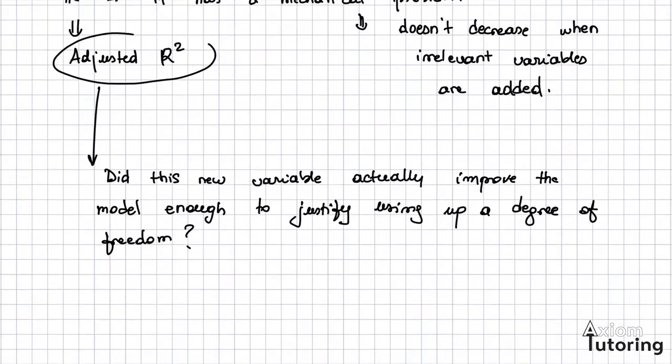In a sense, the adjusted R squared is penalizing you for adding regressors that don't pull their weight, or don't do their job in this regression.